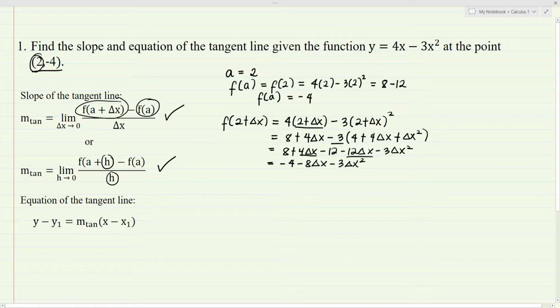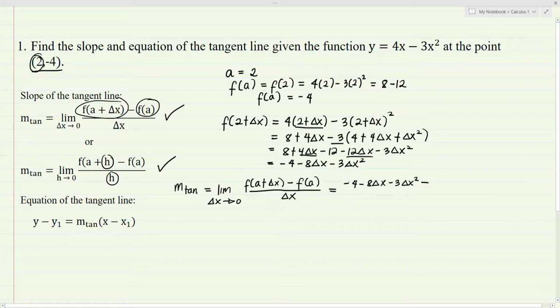So now that we have these two functions here, I can now solve for the slope of the tangent line, and that would be the limit of f of a plus delta x minus f of a divided by delta x as delta x approaches 0. Let's plug in the functions here. For f of a plus delta x, that would be negative 4 minus 8 delta x minus 3 delta x squared.